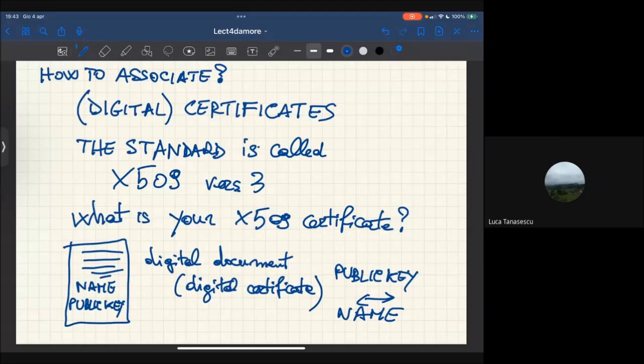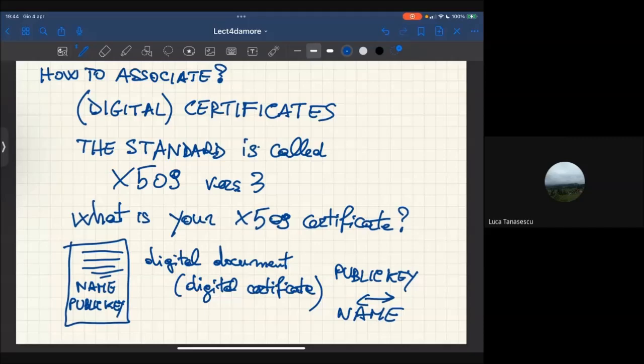So this means that if you want to give my public key to another person, a way that I can use is I give to you the digital certificate containing my association, Fabrizio D'Amore, that is the name, with my public key.